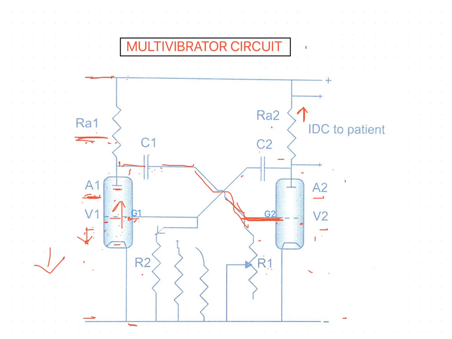G2 is more positive than at any other time, and V2 is transmitting maximum current. This is the switching action of the valves, and the series of events occurs instantaneously. The circuit is then stable with one valve cut off and the other fully transmitting. So now in this case valve 2 is transmitting fully and valve 1 is cut off.